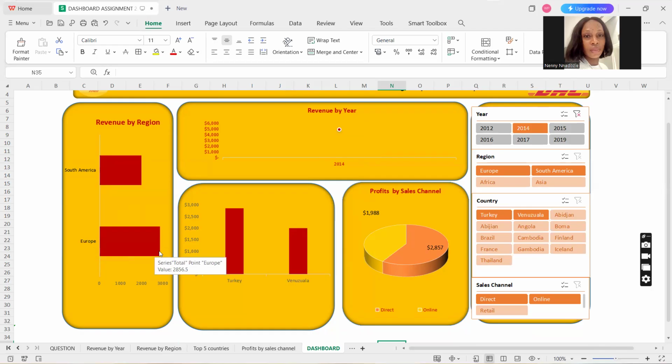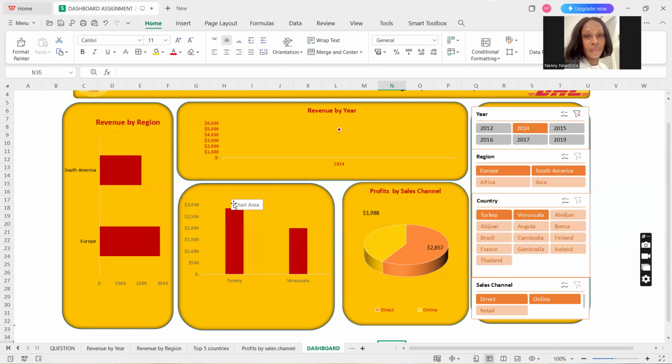Europe was still topping. Sorry, I mean 2014, not 2024. South America and Europe were the only regions that made sales. And it's also 2 countries, Turkey and Venezuela.